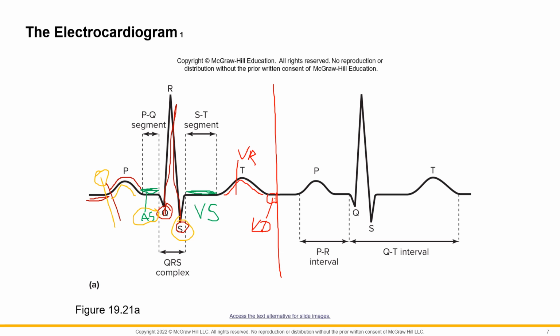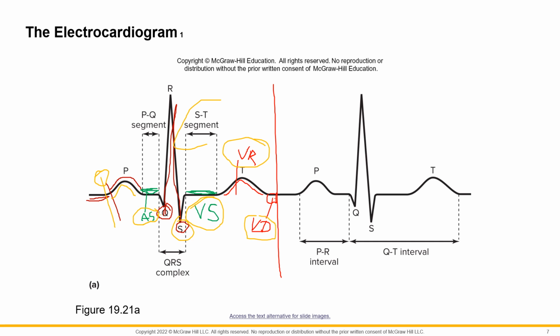Following this is your ST segment, where your ventricles are in the process of contraction, which is your ventricular systole. Once the ventricular systole happens, the electrical event that follows is ventricular repolarization, represented in the T wave, followed by ventricular relaxation, which is the plateau that follows.